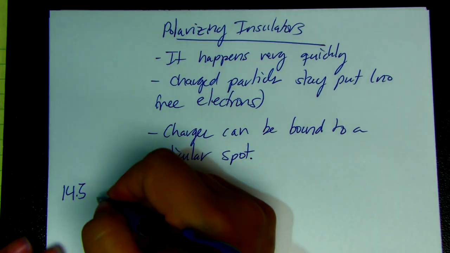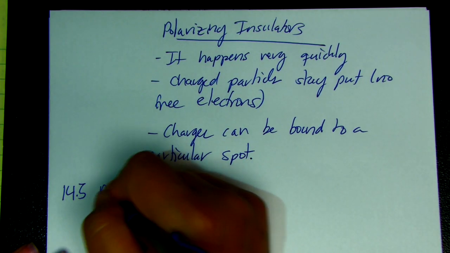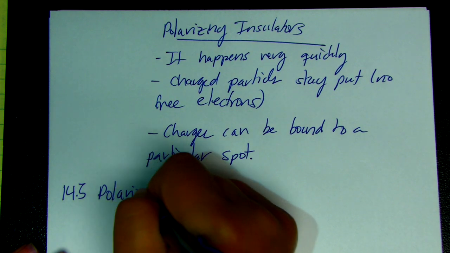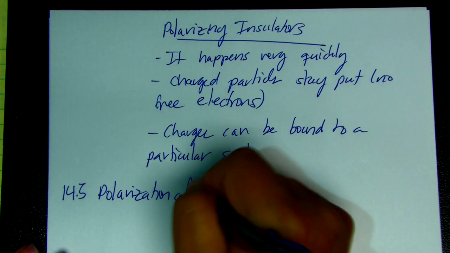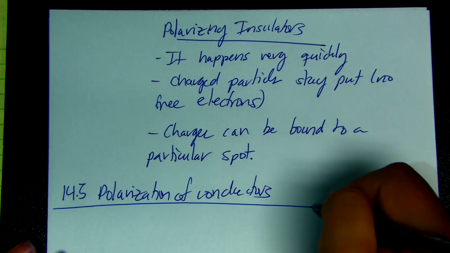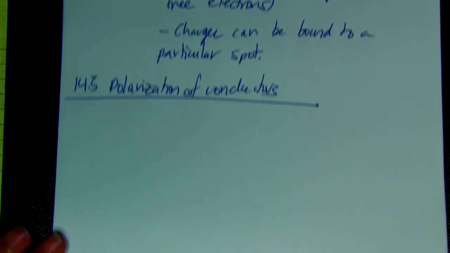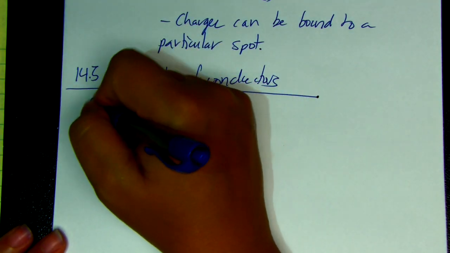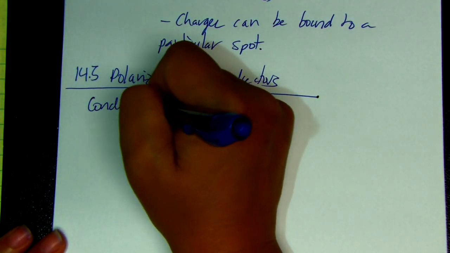All right, so now that we know about insulators, let's move on to conductors. Conductors are where the electrons roam free.